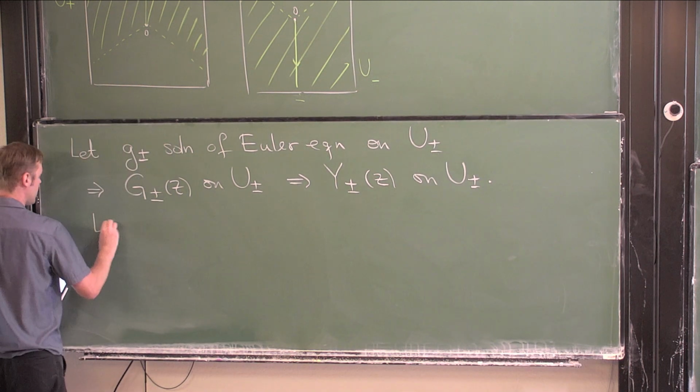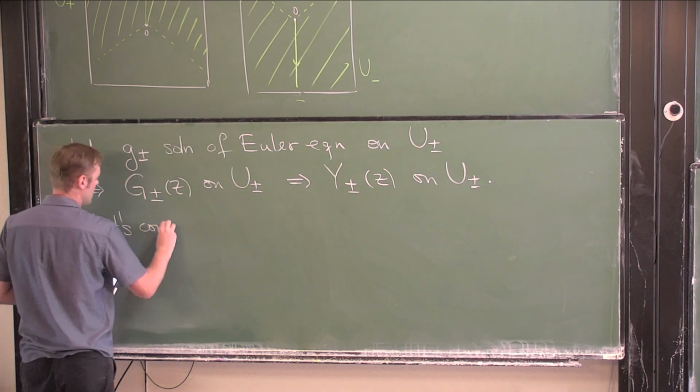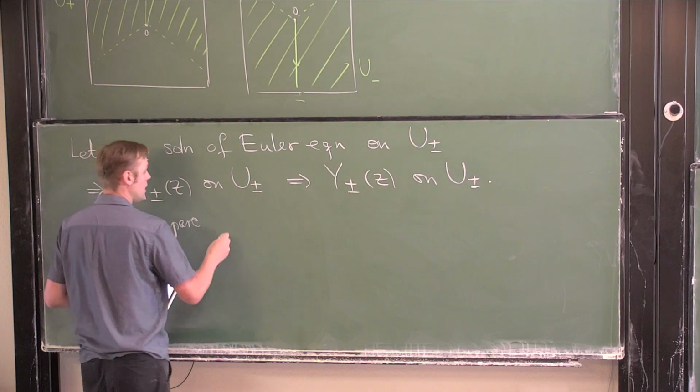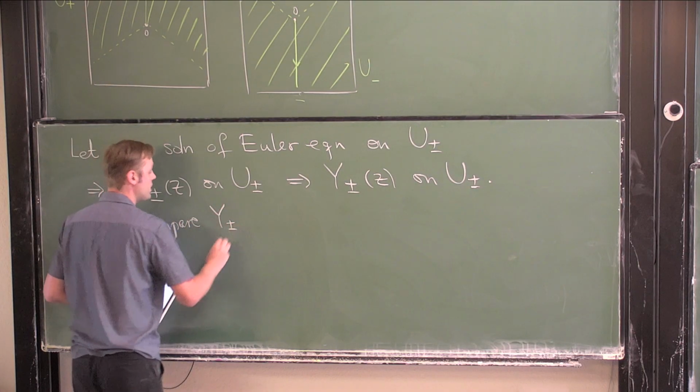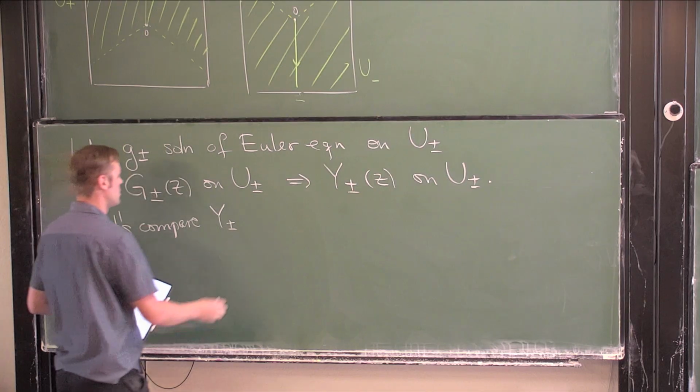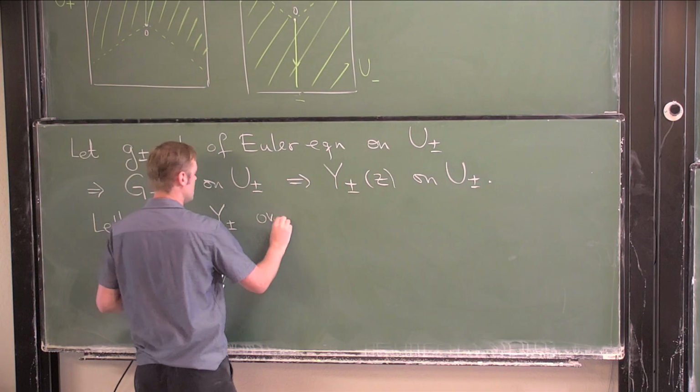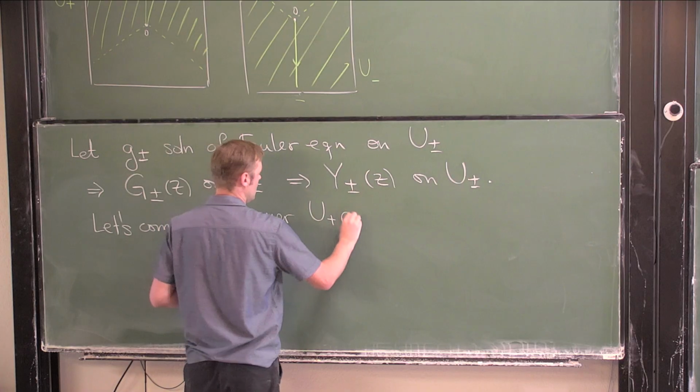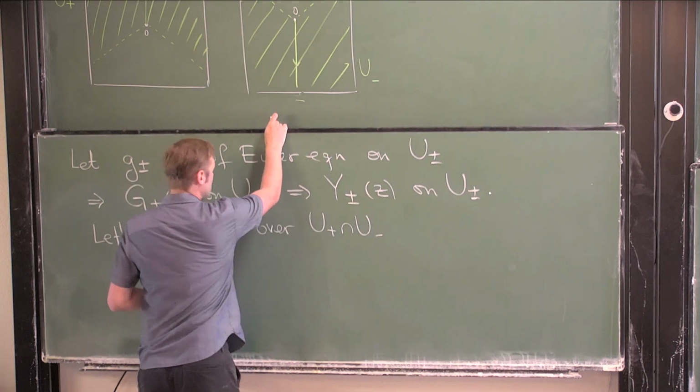So let's compare these fundamental solutions over the subset where they're both defined, that is, over the double intersection. What is the double intersection?